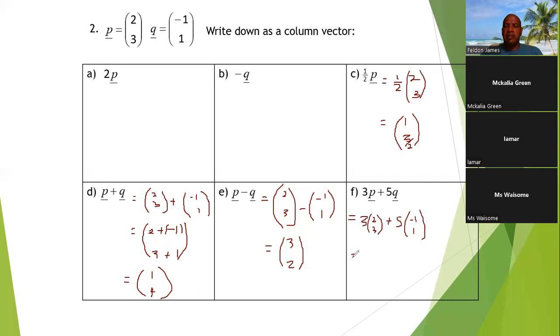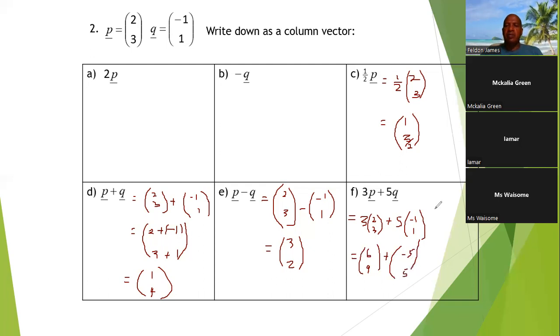If you multiply out the first one, you would have 6, 9, plus, multiply out this one, 5 times what we have in this matrix, so we get negative 5 and 5.